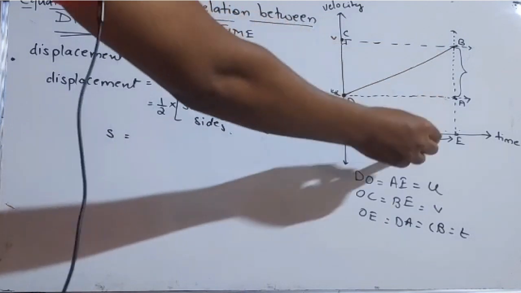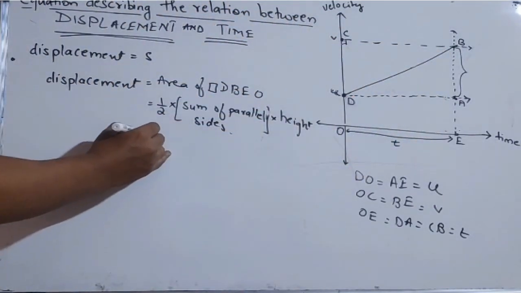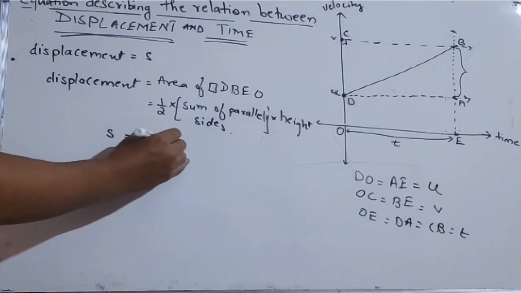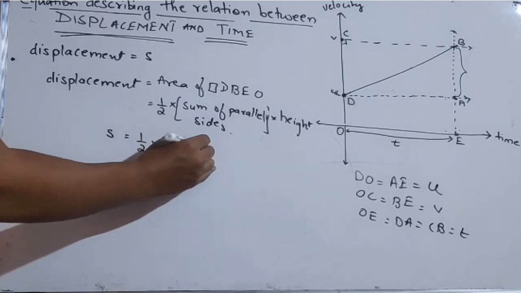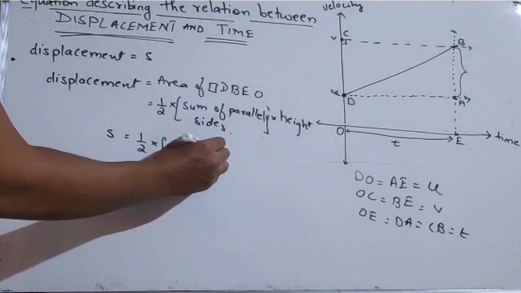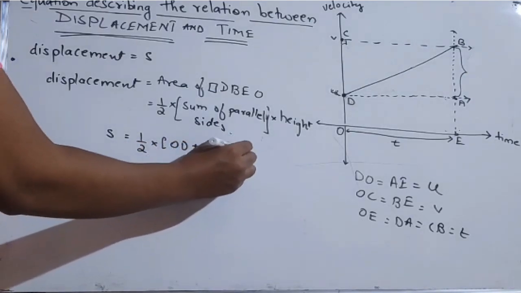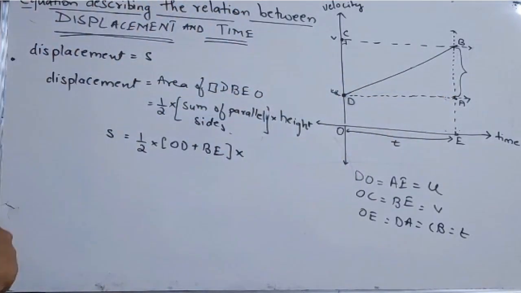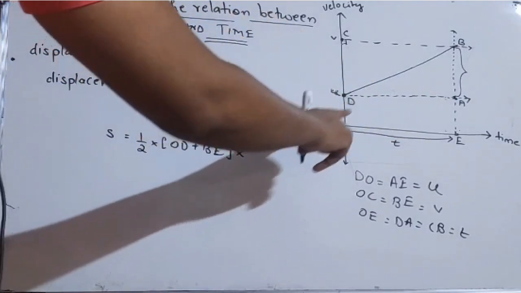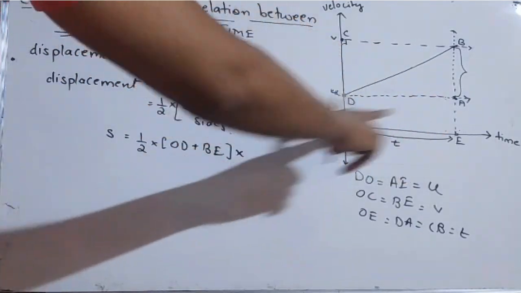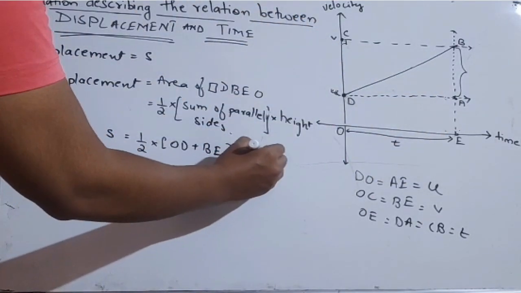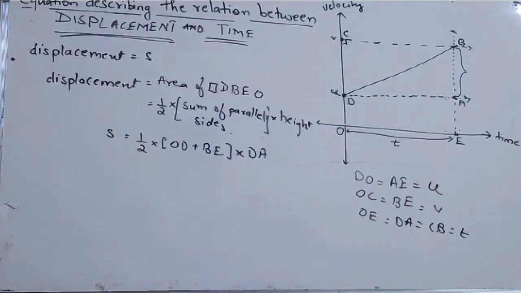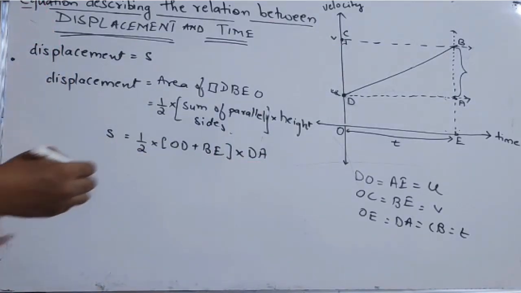OD and BE are the parallel sides. So this will be half multiplied by OD plus BE, into height. Height is the perpendicular distance between the two parallel sides. So we'll take height as OE or DA. We'll take DA as the height.